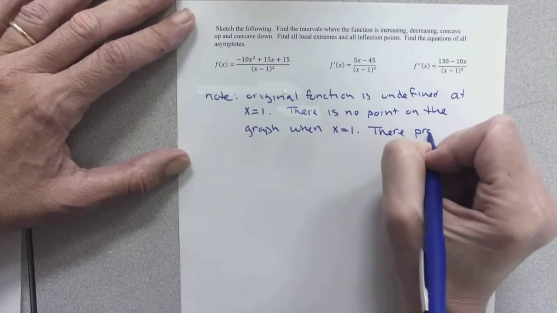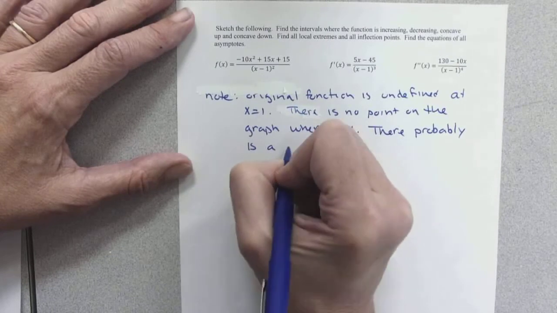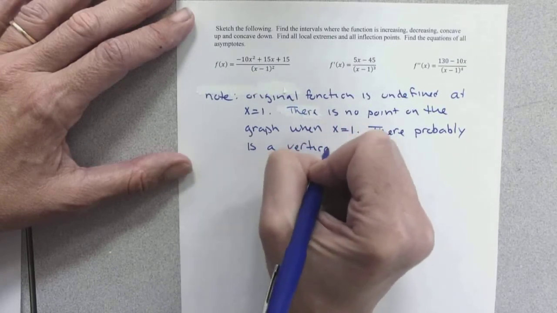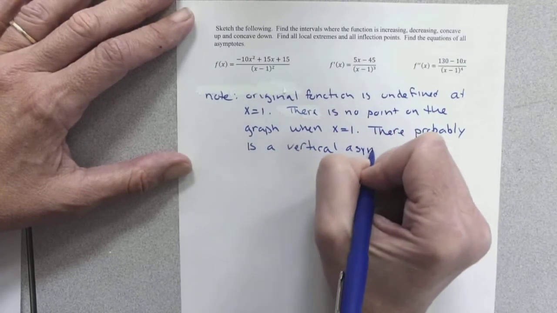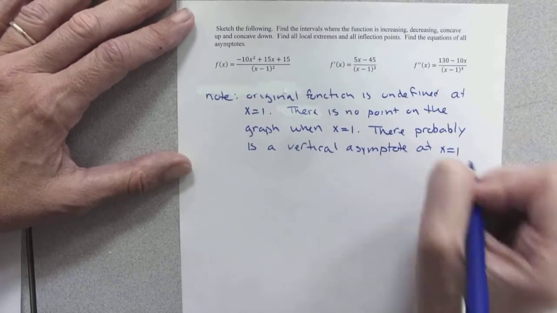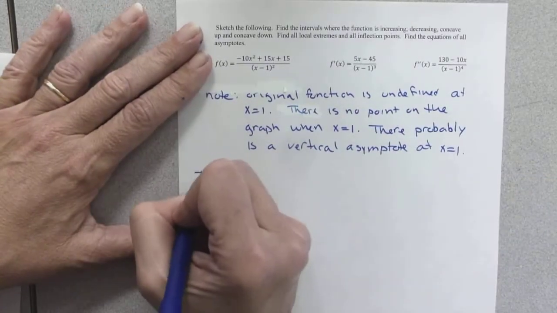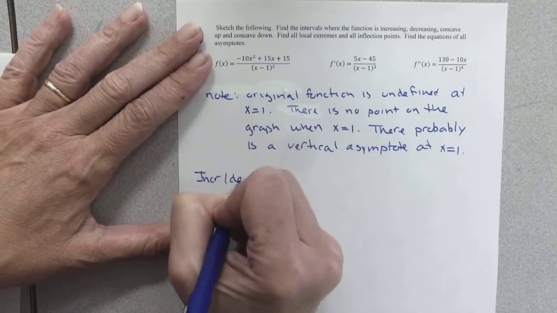There probably is a vertical asymptote at x equal 1. Now remember, just because your denominator is 0 or goes to 0 doesn't mean you have a vertical asymptote, which is why I put probably in there. So now let's start our increasing, decreasing stuff.